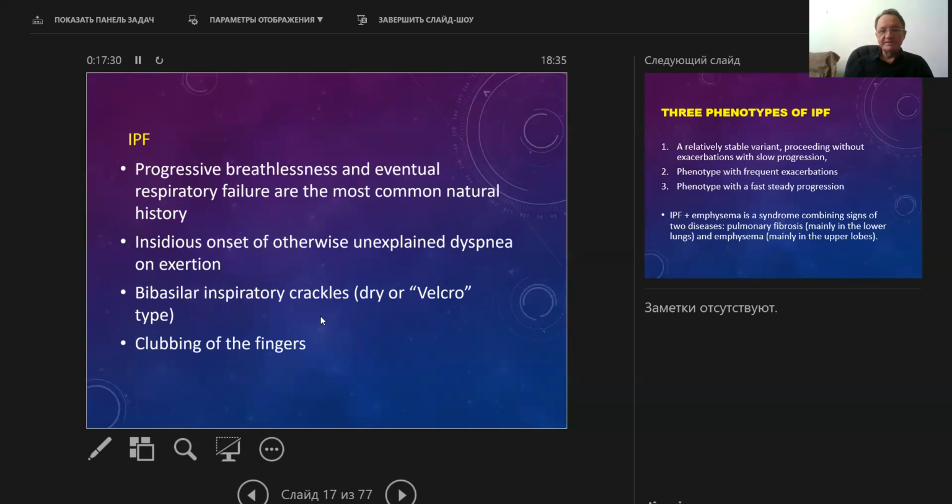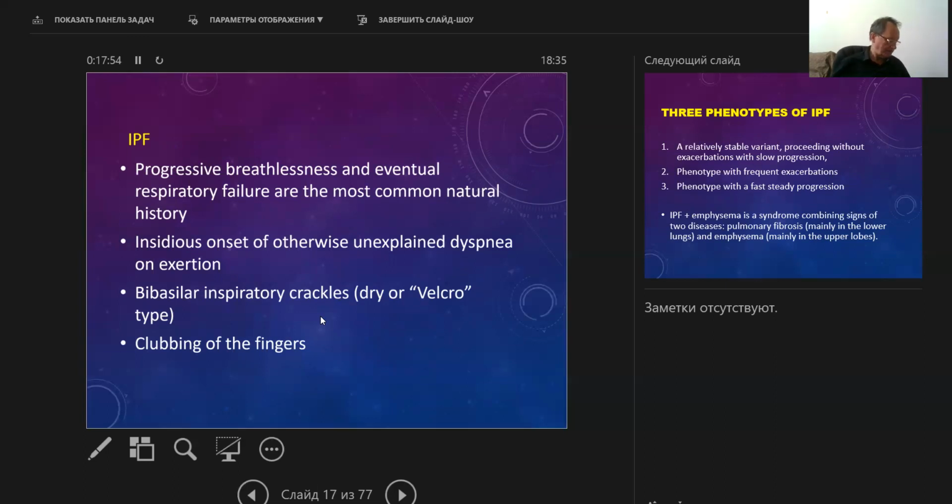Progressive breathlessness and eventual respiratory failure are the most common natural history. Insidious onset of otherwise unexplained dyspnea on exertion, and basilar inspiratory crackles, dry or Velcro type.